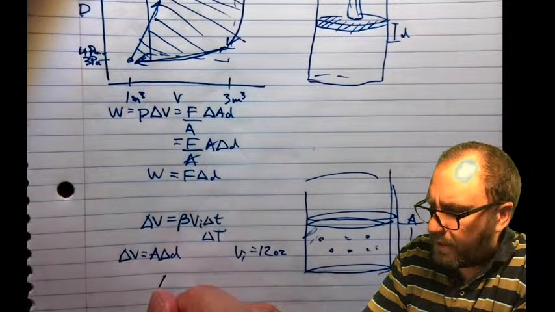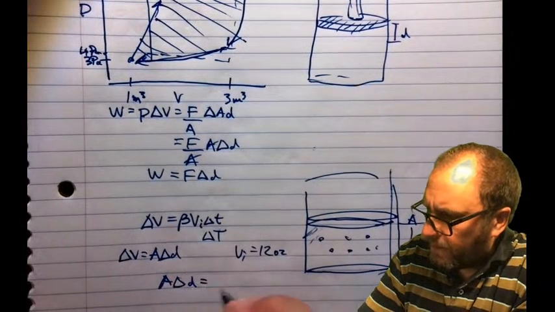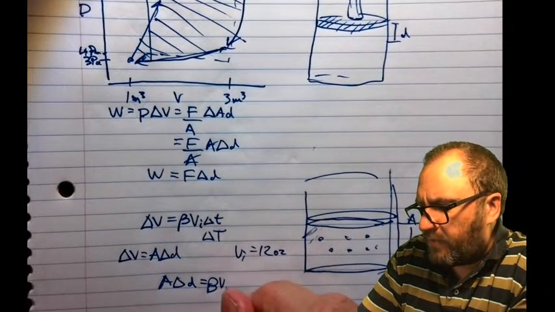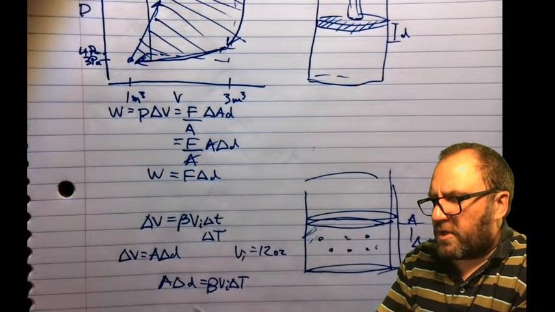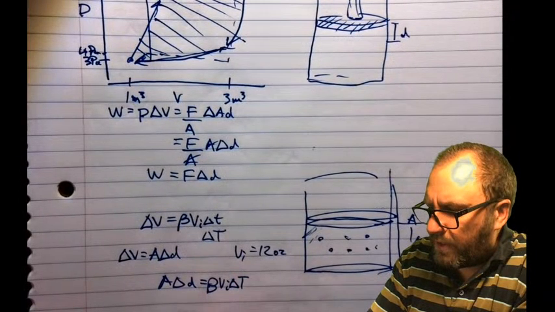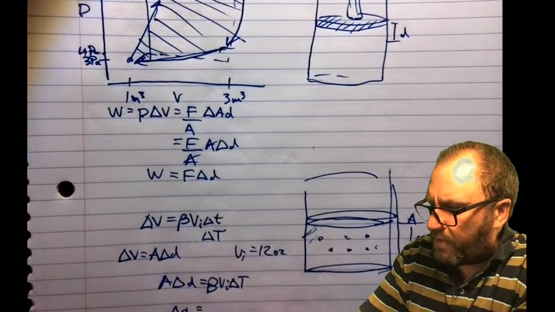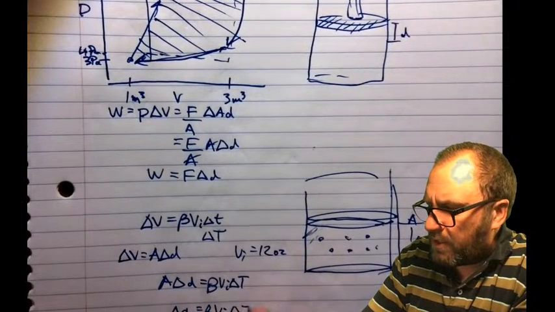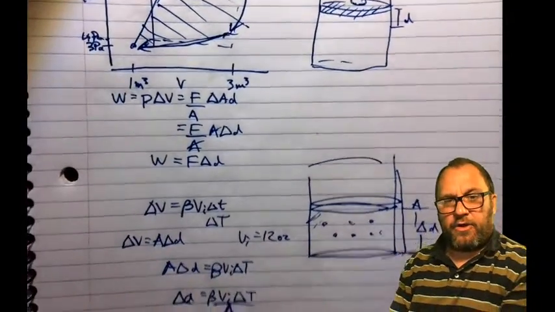Okay? Delta D is changing. So now we can write A times delta D is equal to beta times VI times delta T. That's my change in temperature. Now I have a formula that will tell me how much this distance is going to change. What's the height difference going to be? So this will be beta times VI times delta T divided by the area.